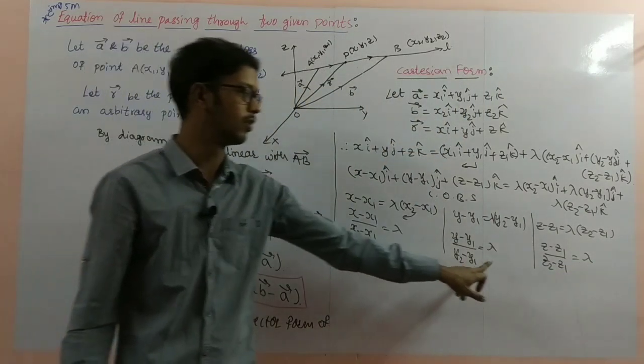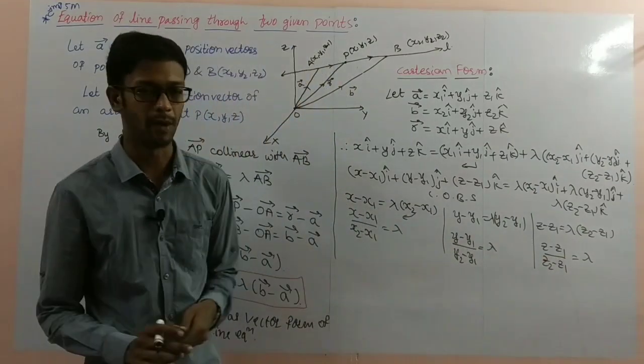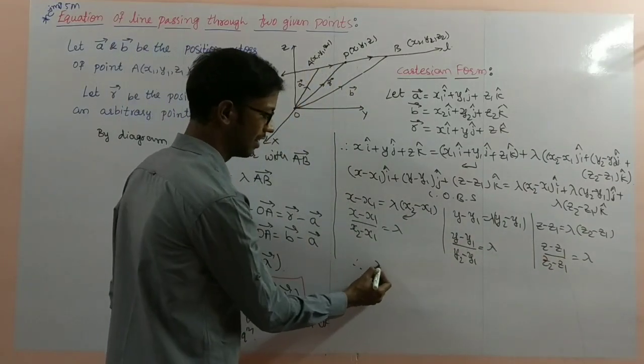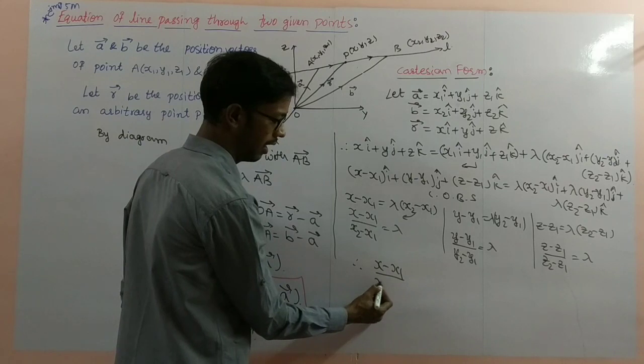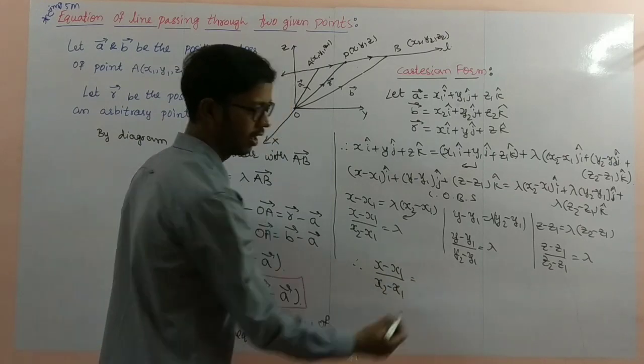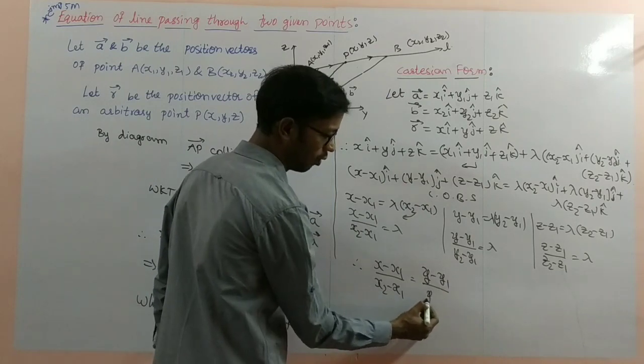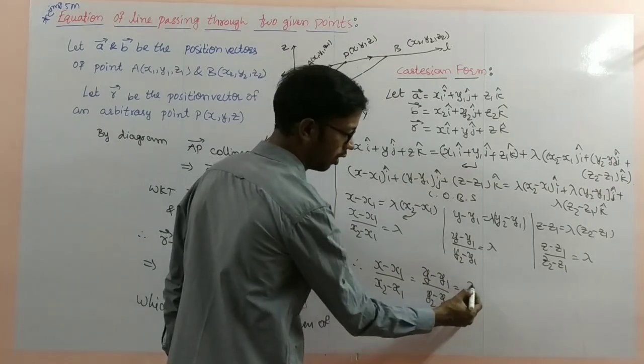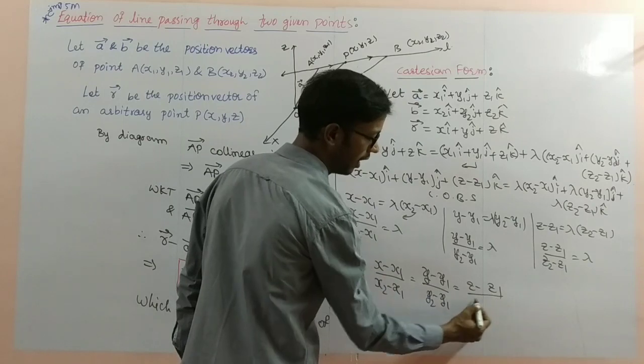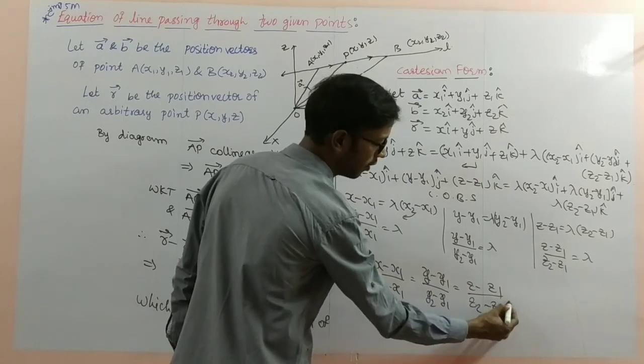This one lambda, this one lambda and this one lambda, total lambda only. Therefore, X minus X1 by X2 minus X1 equal to Y minus Y1 by Y2 minus Y1 equal to Z minus Z1 by Z2 minus Z1.